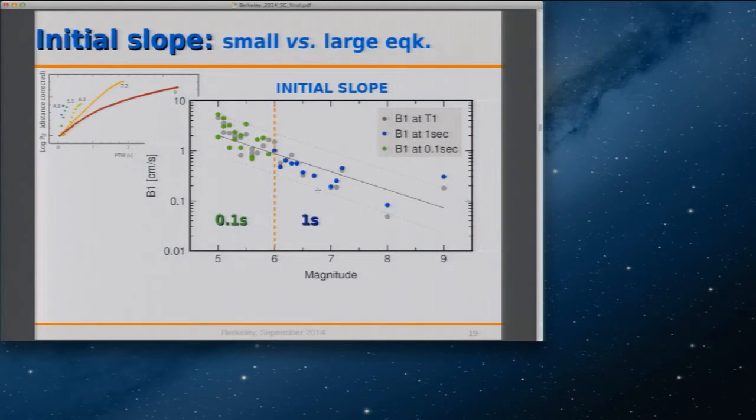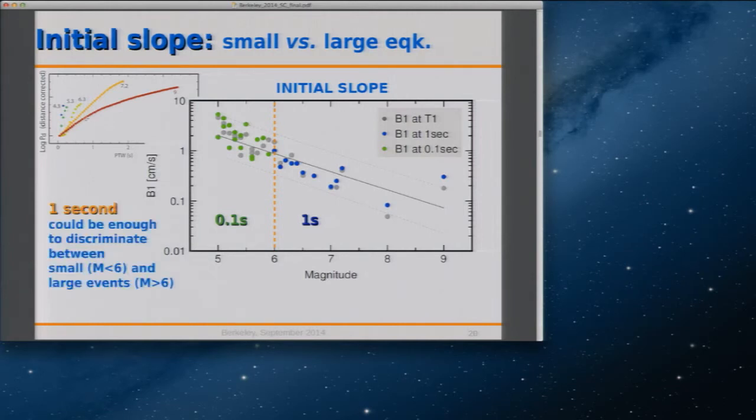So this is another example showing that we could actually measure the slope even within 1 second. So the blue dots show the slope measured within 1 second for earthquakes with magnitude larger than 6. So as you can see from this picture, the initial slope can be very well constrained even within 1 second. So 1 second could be enough to discriminate a small event from a large event.